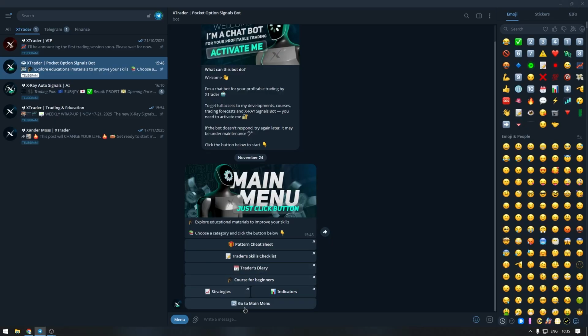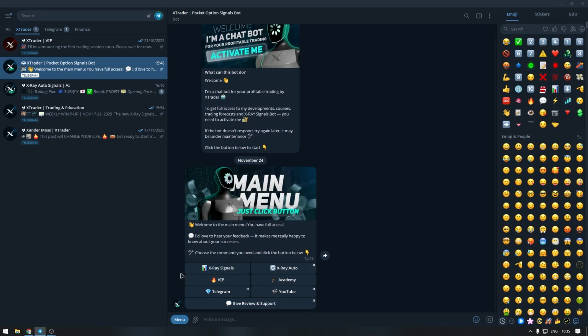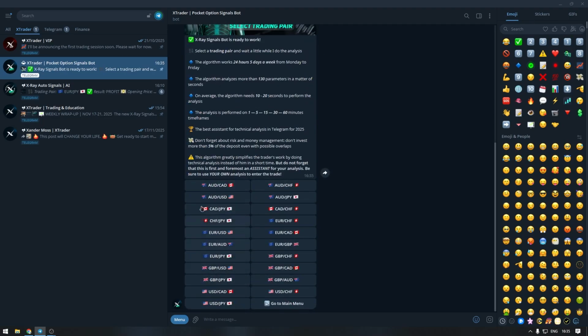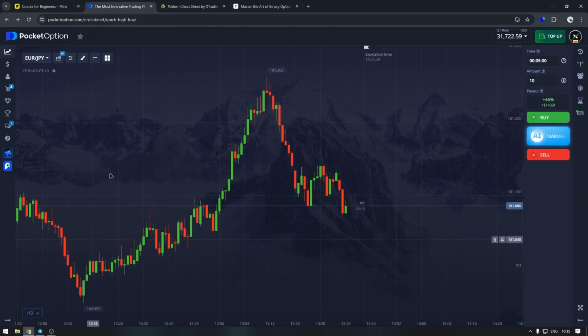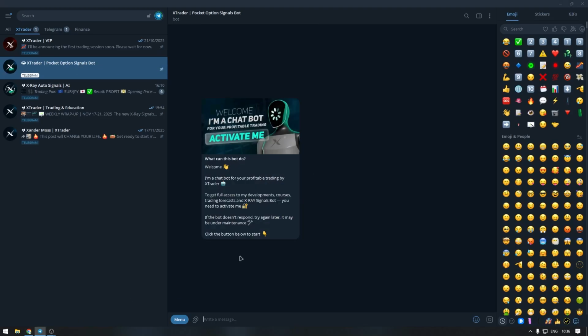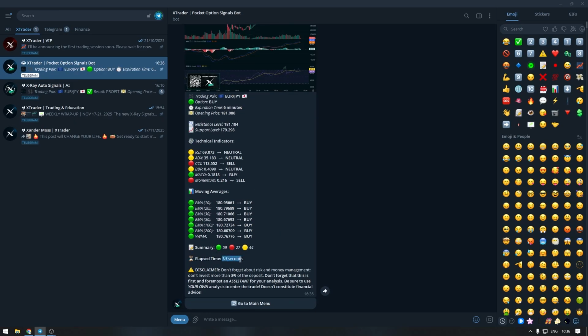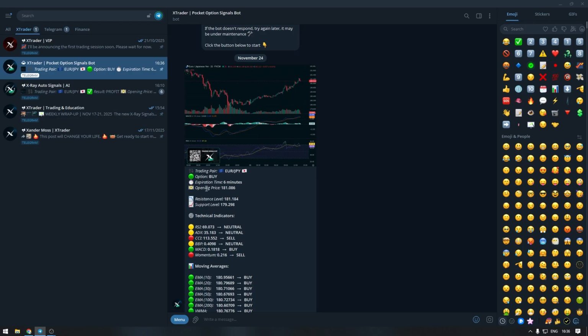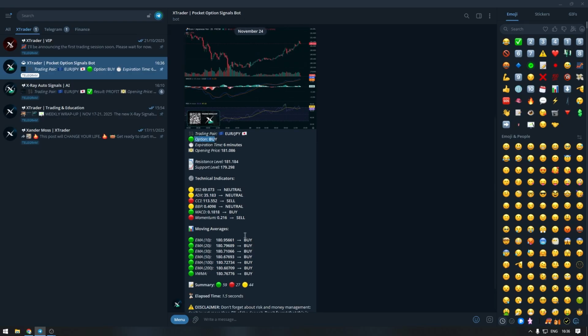So what about the bot again? What will help you in analysis? First one is X-ray signals. You can choose every asset you want. For example, I opened Euro Japanese yen. Wait a bit, like 1.5 seconds, and I got a signal to buy.